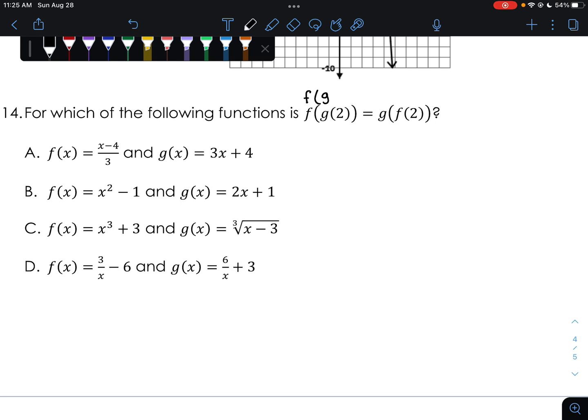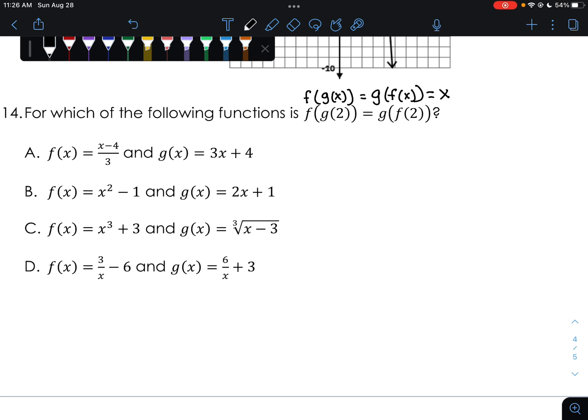So if I were to change that 2 to an x, and I change this 2 to an x, it's basically saying which ones are inverses because I'm going to get x as an output. So if you just want to find the inverse of each function and see which ones are inverses, do that.